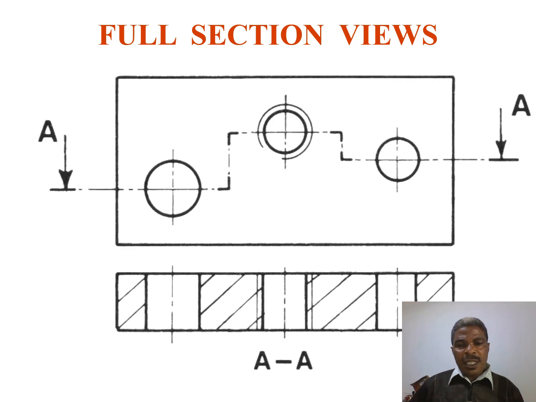So you can see the hatching lines are placed, but these holes are different. If you can see, this hole is quite different from this. Maybe this has got some threads in it. You can see this layer is present, center line, but this one is smaller than this one. So it was of great importance to have a section view to aid us to see exactly the interior part of this object.